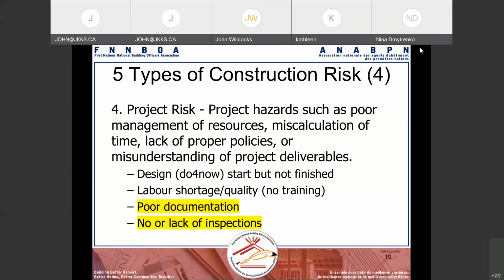And again, no or lack of inspections always puts projects at risk. We had a case where people were trying to move the project forward, but they couldn't get inspections on a certain phase, so that ties up the whole project. So project risk becomes one of the larger segments.